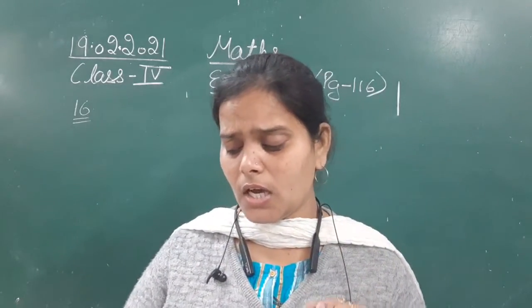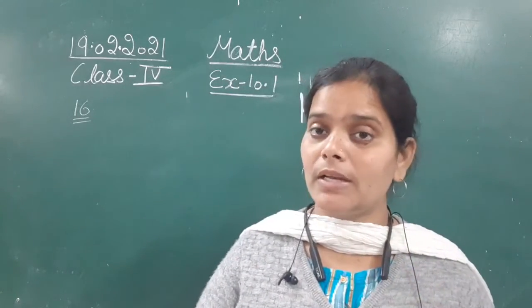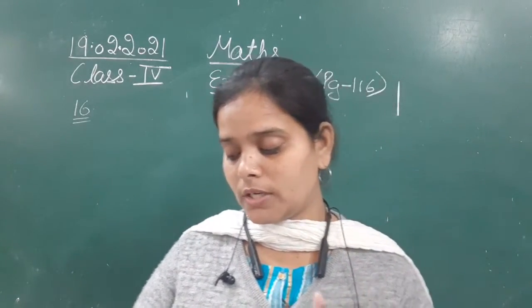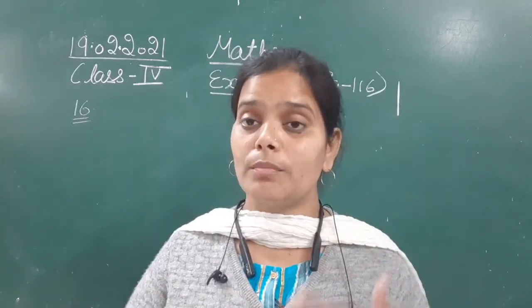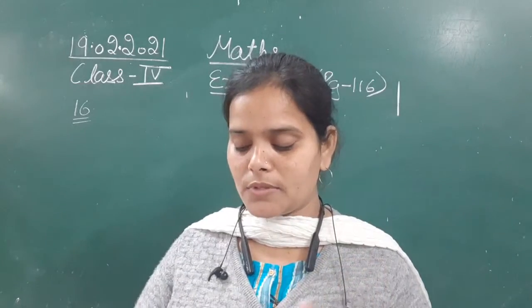So जो किरण है उसका weight कितना है? That is 20 kg and 850 ग्राम. Next they have said Vimal's weight is 12 kg 200 grams more than Kiran. तो विमल का weight क्या है? किरण से 12 kg 200 grams ज़्यादा है.